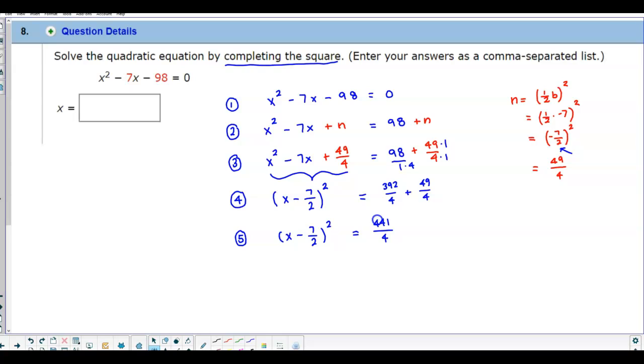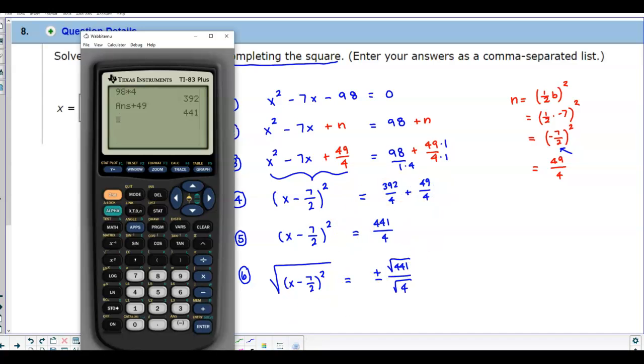Okay, now in step number 6, we're going to use the square root property. So we're going to take the square root of both sides. So we have x minus 7 over 2, and that's going to equal the square root of 441 divided by the square root of 4. And remember that we need the plus or minus. Now, is 441 a perfect square? Well, let's take a look.